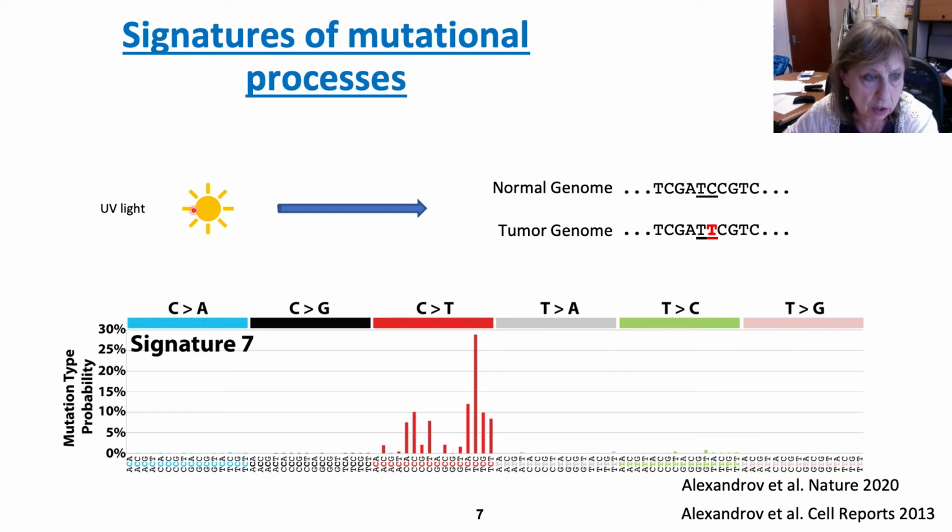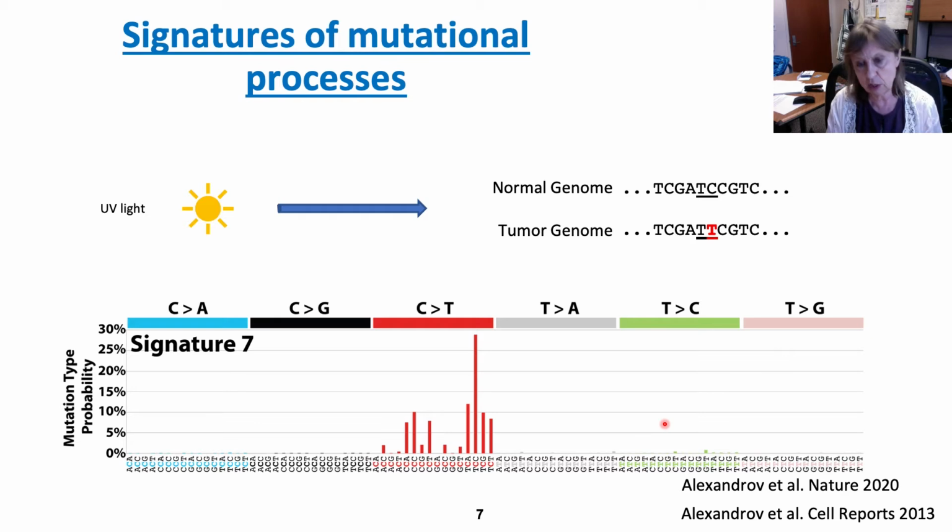Indeed, for UV light, not only is C to T a favorite mutation, but this mutation also preferentially occurs when the C is preceded by T.